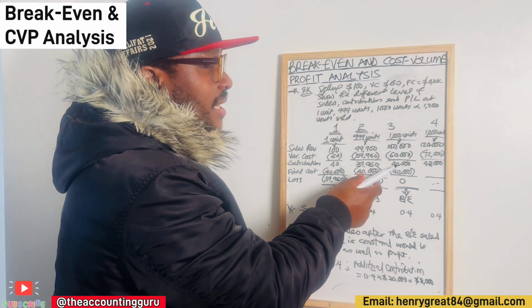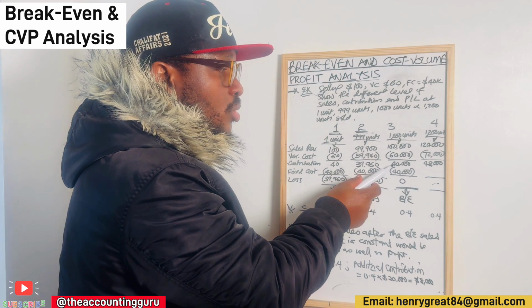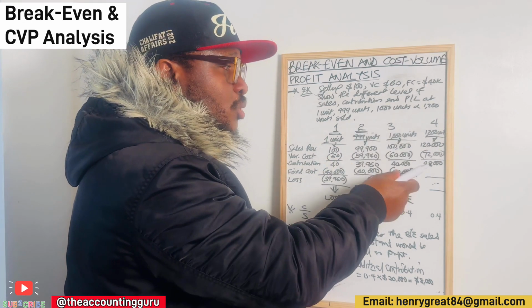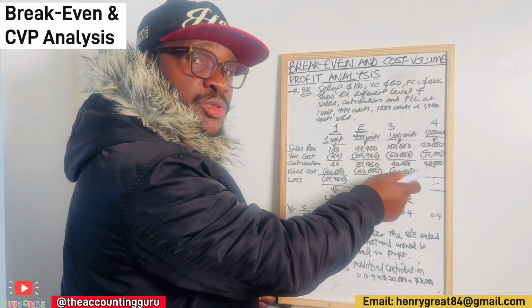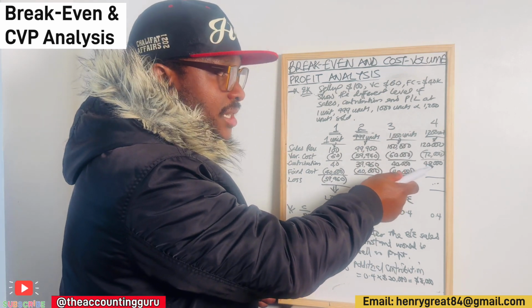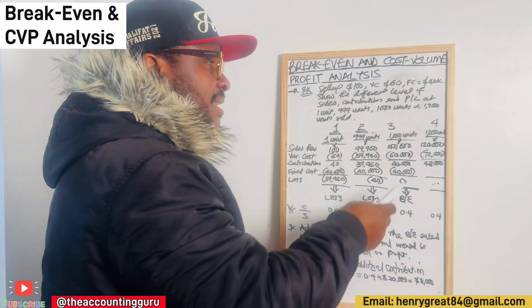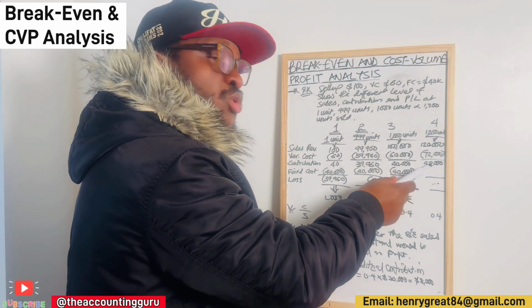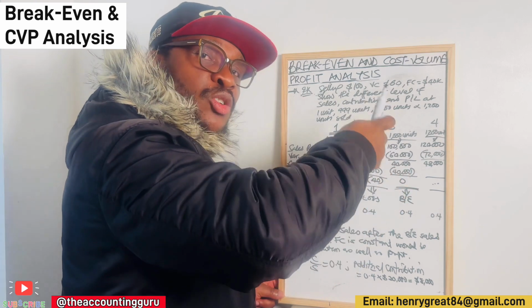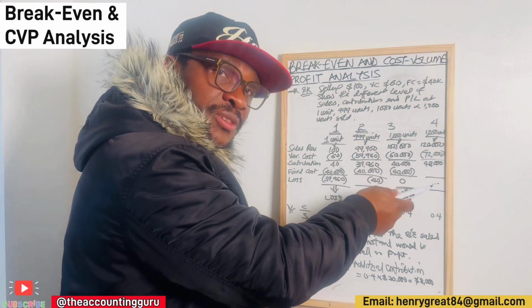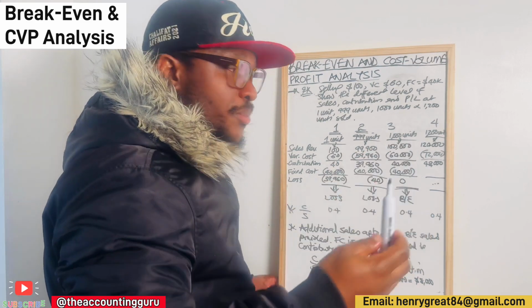You will see that the existing contribution in level 3 was $40,000. Now the additional contribution in level 4 is $8,000. I am now saying that this $8,000, the additional contribution, would ultimately become the profit in level 4. How do I prove that?